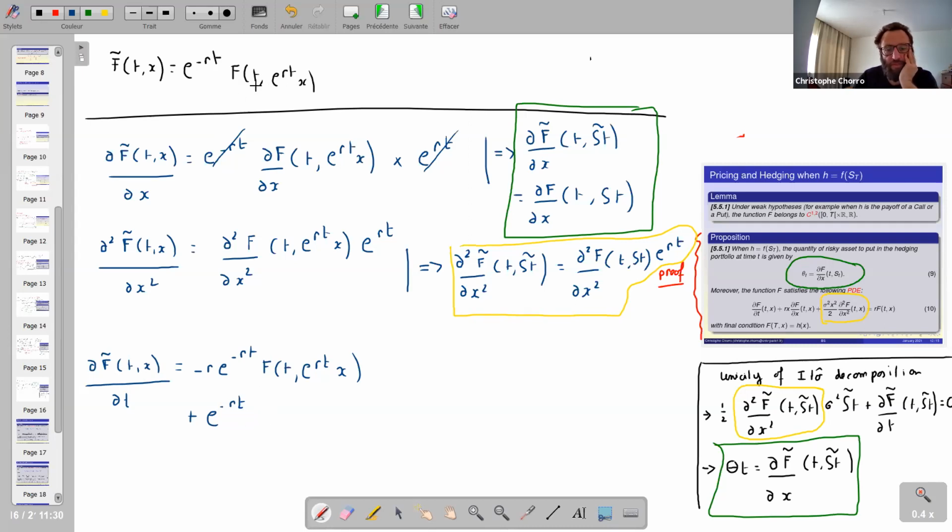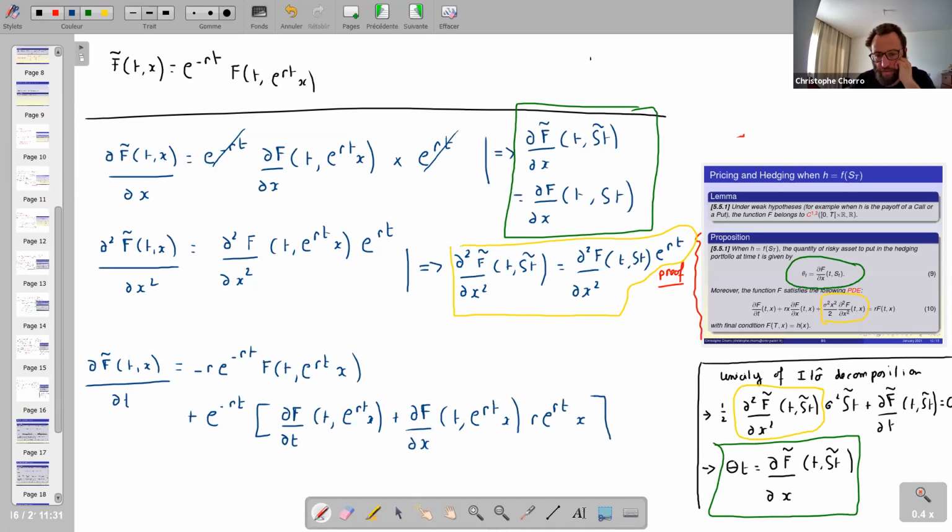I have two terms here because I have t here and t here. So it is df over dt of t, exponential rt x, plus df over dx of t, exponential rt x, multiplied by the derivative with respect to the time of this one, that is r exponential rt x.